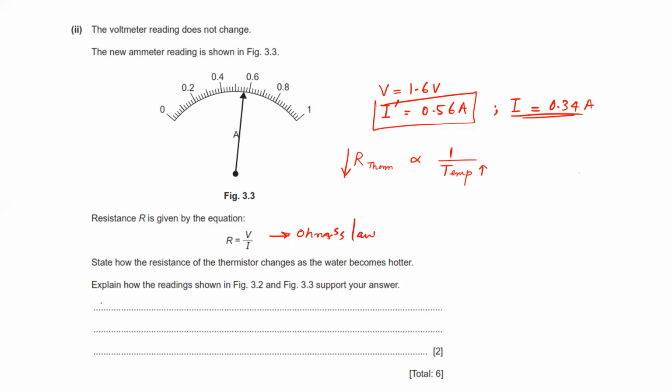So just simply write it as the resistance of the thermistor is inversely proportional to the temperature.